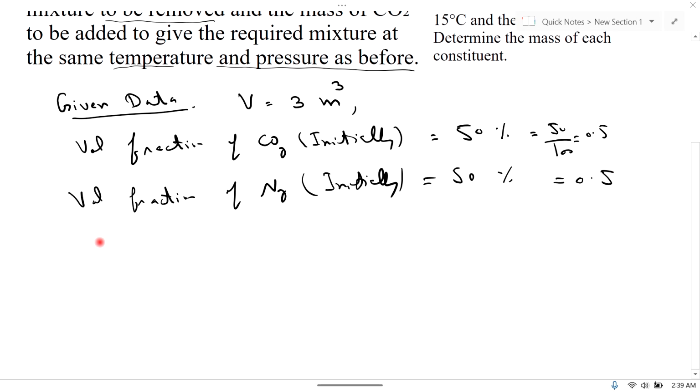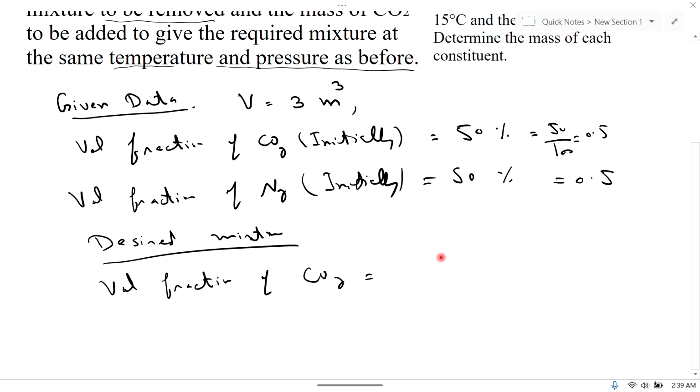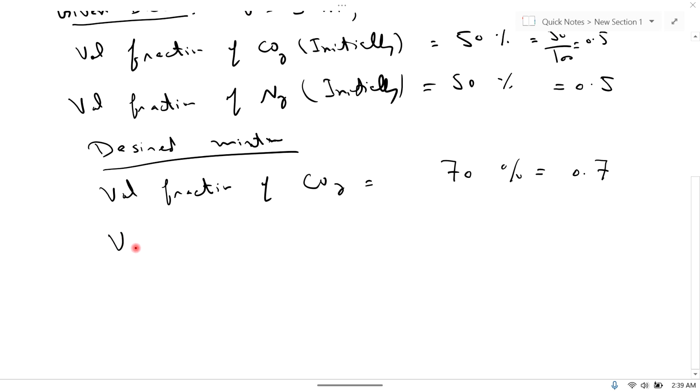Similarly, for the desired mixture, the volume fraction of CO2 is equal to 70%, which is 70 by 100, equal to 0.7, and the volume fraction of nitrogen is equal to 30%, which means 30 divided by 100, equal to 0.3.